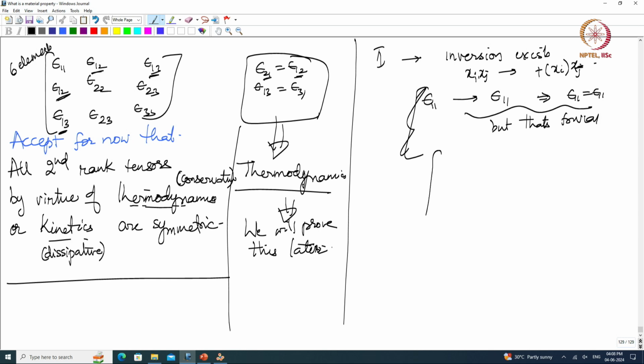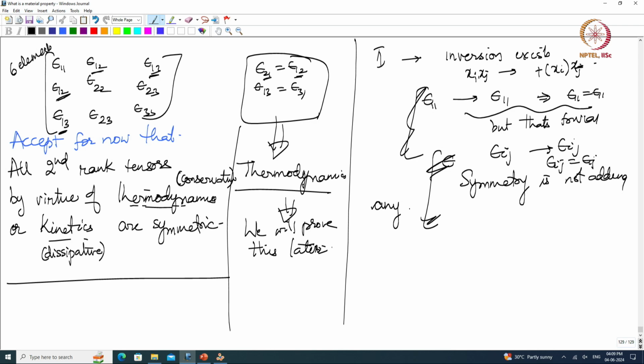In the same vein, epsilon ij should just transform as epsilon ij, and symmetry is not adding any extra constraints.